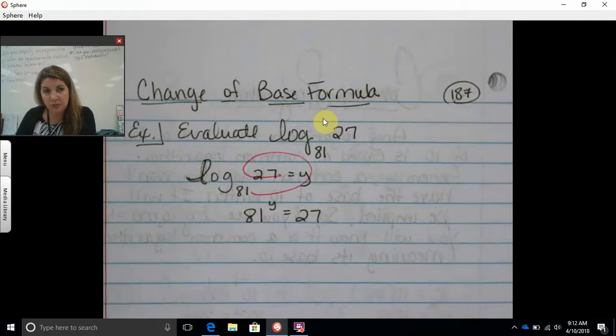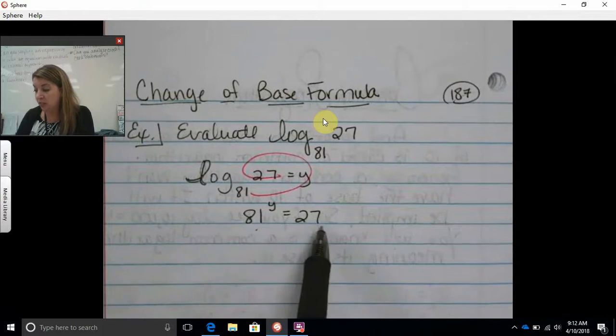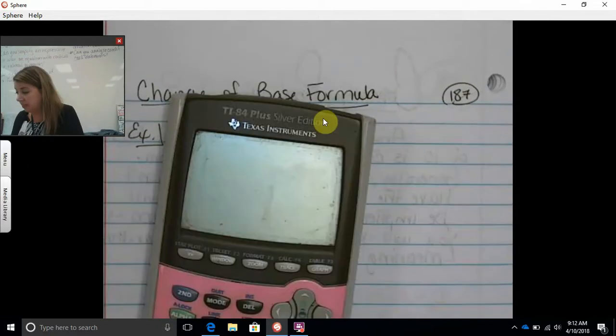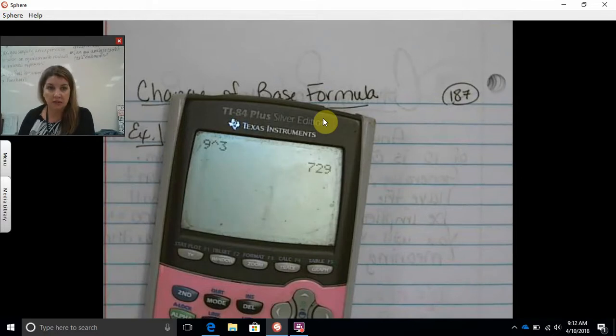Now these numbers, can anybody think of what I could use for 81 and 27 where they would have the same base? Well, 9 squared is 81, but 9 raised to the what is 27? You're thinking 9 times 3 is 27, but if we do 9 raised to the third power, that's 729.